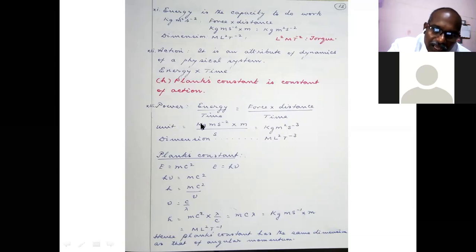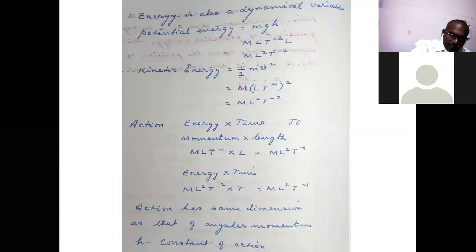Force is kilogram, that is mass, into acceleration, meter per second square, into distance, another meter, divided by another second. Therefore, power has the unit kilogram meter square second power minus 3. The dimension is M L square T power minus 3. So these are all various dynamical variables by which the motion of a body can be defined.